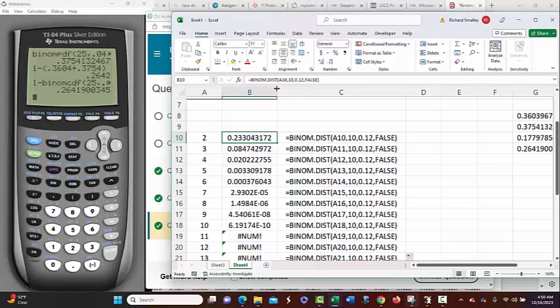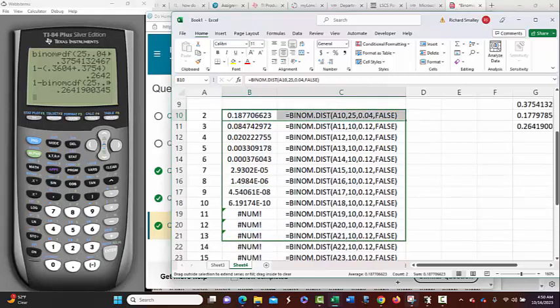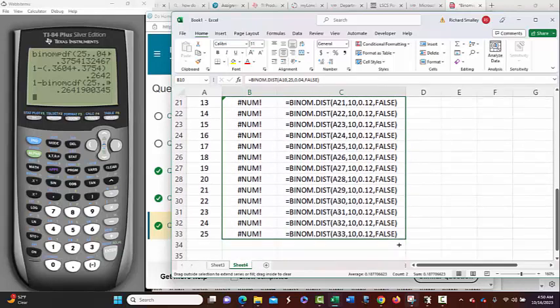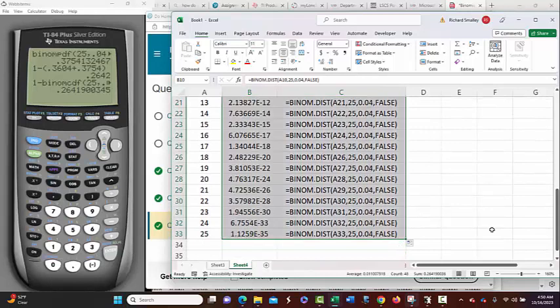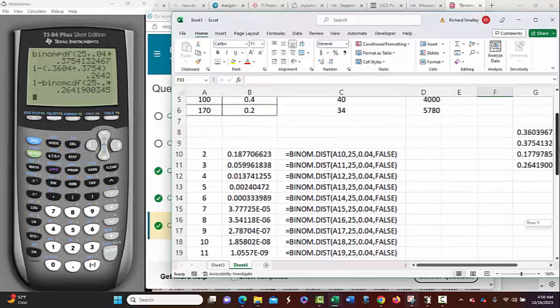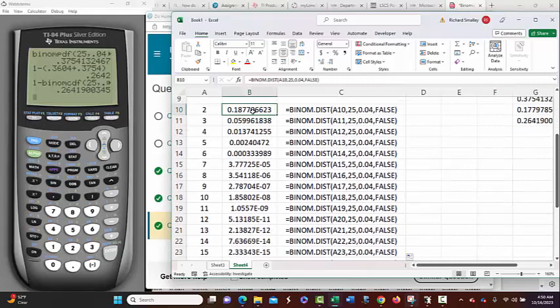I didn't change N and P. N is 25. P is 0.04. I still want to reference cell A10. That's correct. So now I'm going to grab the corner and drag this one all the way down to the end. And then I can grab them all and sum it up.